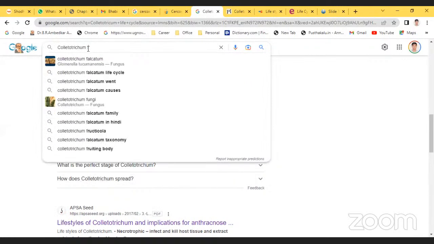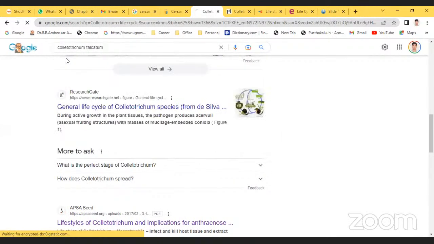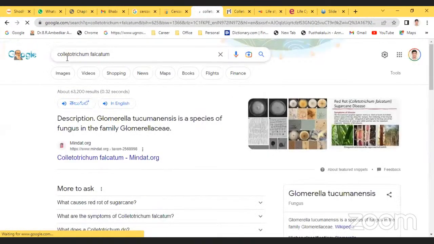The fungus is Colletotrichum falcatum. This disease is quite severe, especially in eastern Uttar Pradesh and Bihar, where most of the sugarcane is cultivated. Once the disease attacks, it spreads rapidly through the entire crop within a short time.